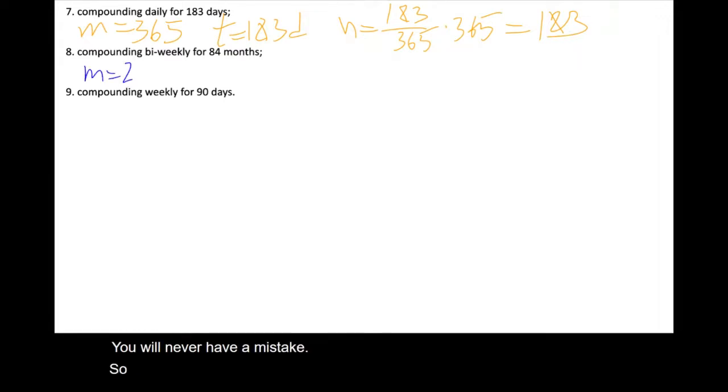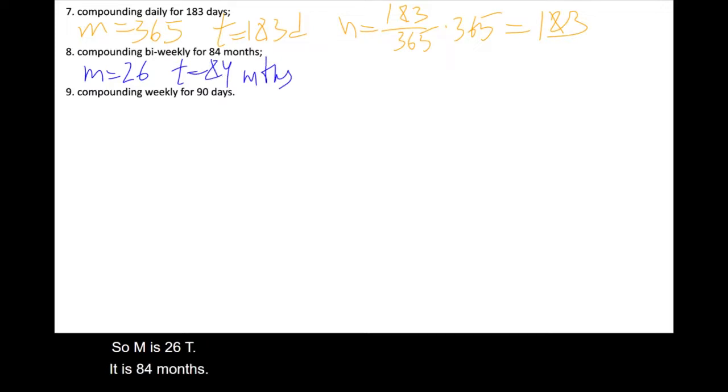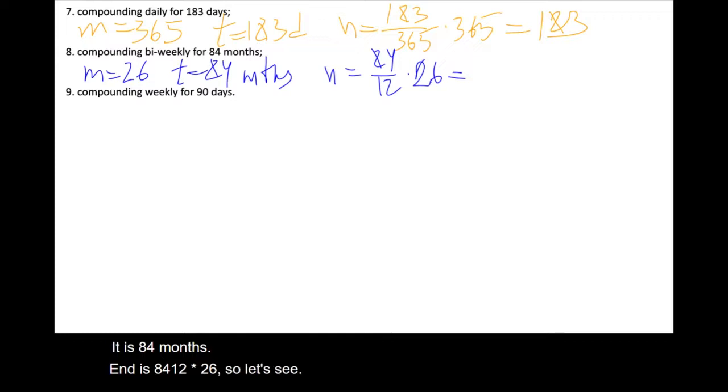So M is 26, T is 84 months, so N is 84 over 12 times 26. That is 182.